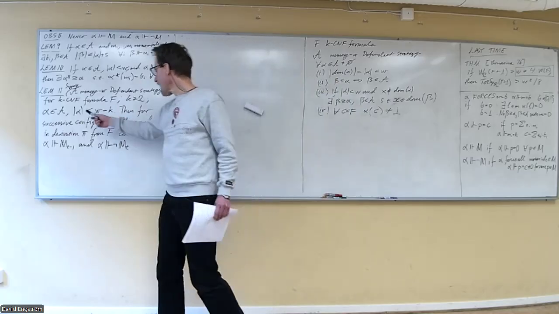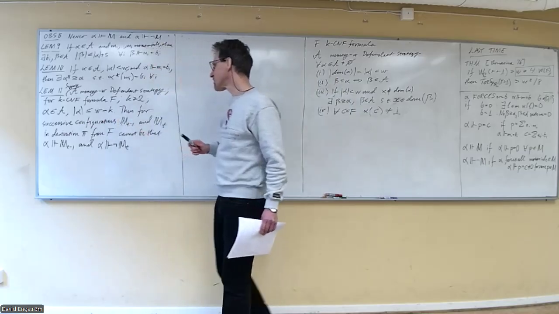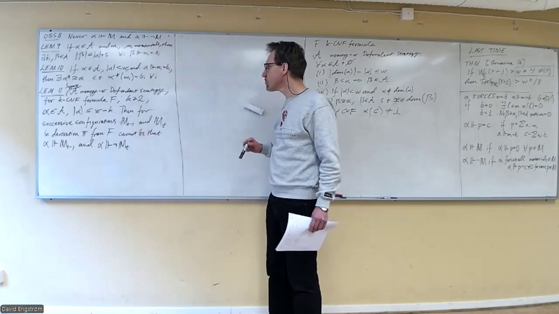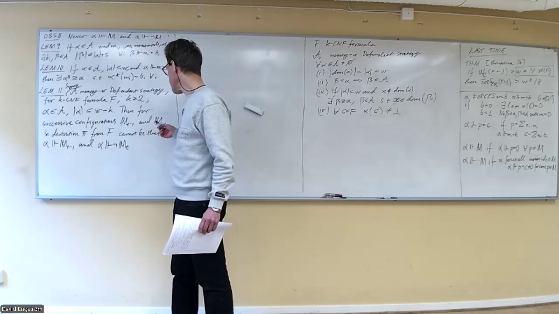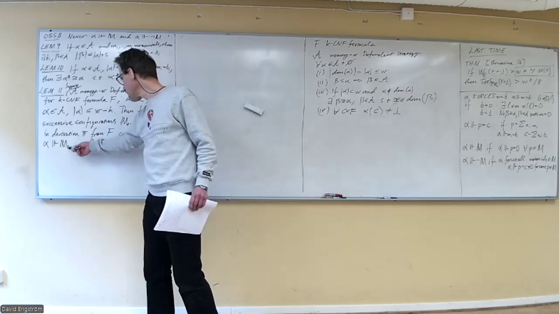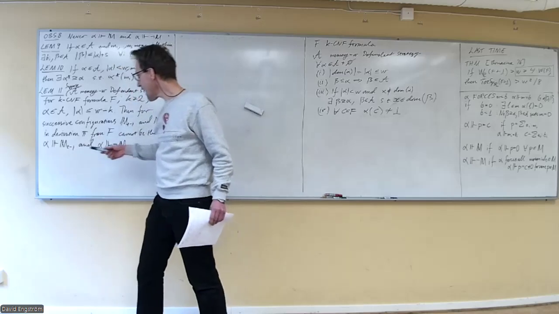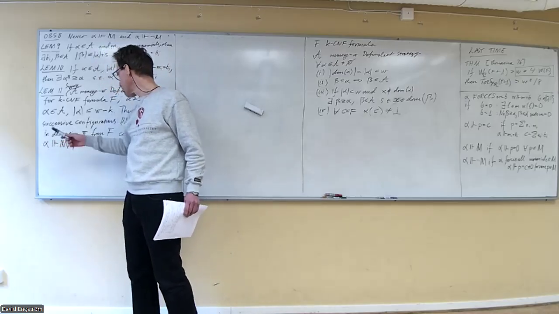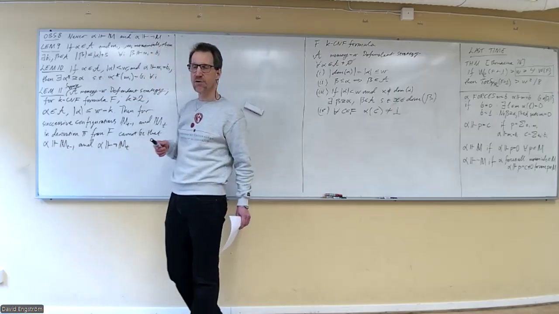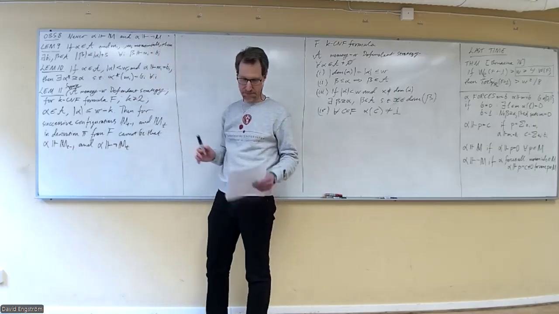If I know that alpha is smaller than W minus K, then it cannot be the case for consecutive configurations in a derivation from F, M_{t-1} and M_t, that alpha changes its opinion, that M_{t-1} is forced to true, but M_t is forced to false. That cannot happen.